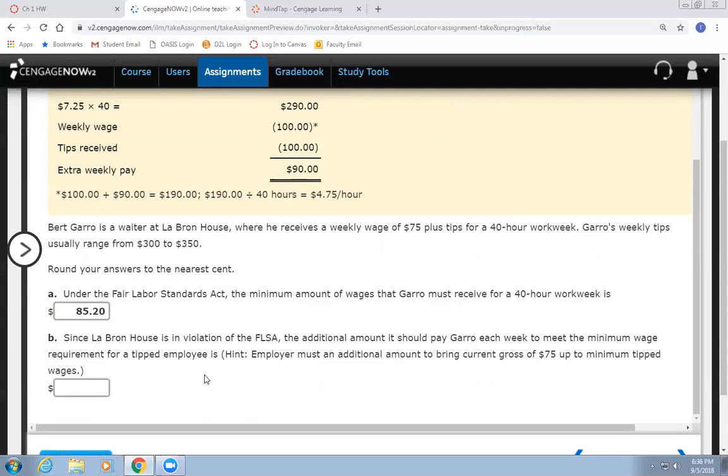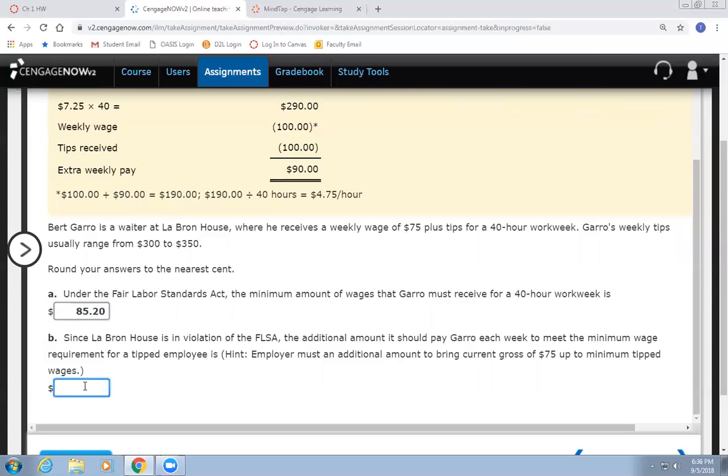So it says, since they are in violation, how much is the additional amount that they should be paying Garrow each week to meet the minimum wage requirement for a tipped employee? We're paying him $75. We should be paying him $85.20, so $10.20.